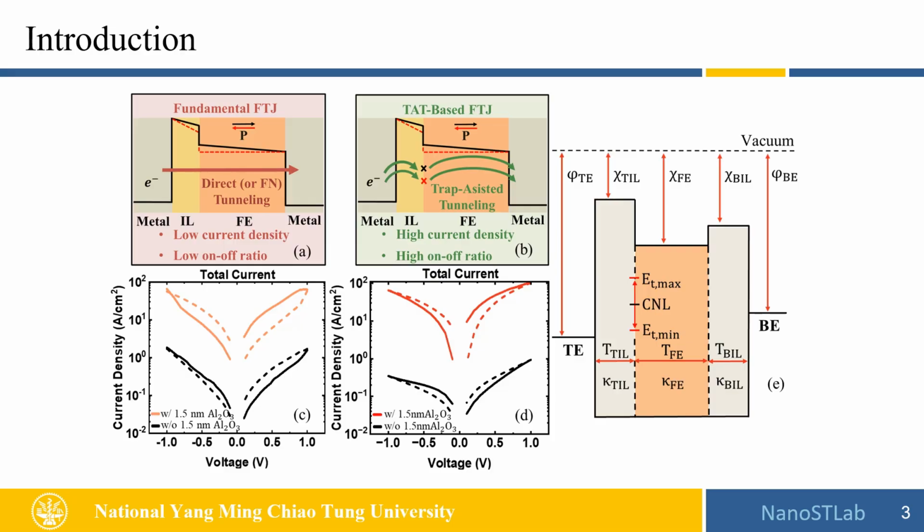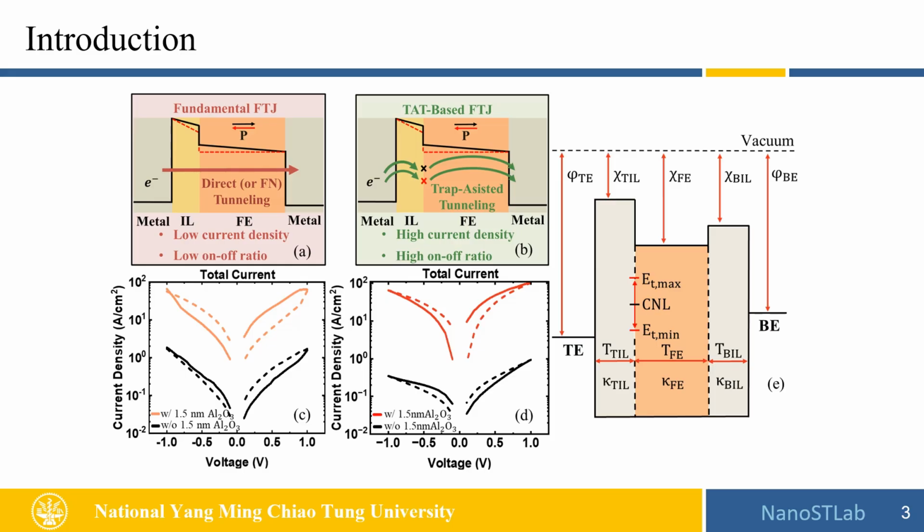This result can't be simply explained by direct or FN tunneling, because the thickness of the FTJ becomes larger, and we normally expect the current density to be lower. However, it didn't.